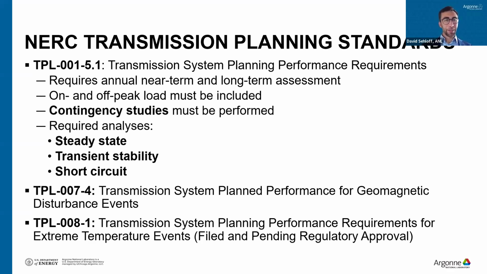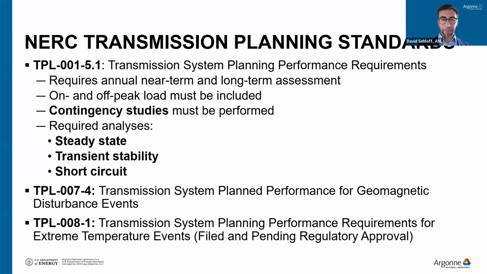So this is really where that translation from the future scenarios into specific power flow cases becomes important. We need them for this NERC TPL1 compliance. And we need to do steady state, transient stability, and short circuit analysis on these.